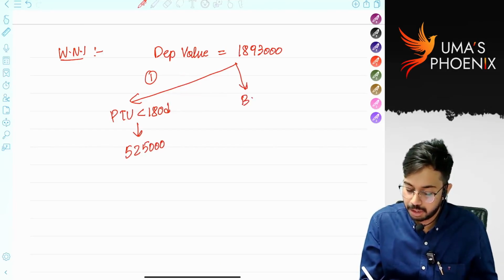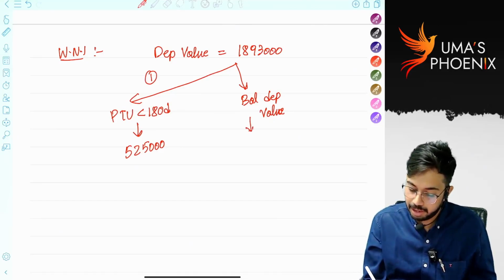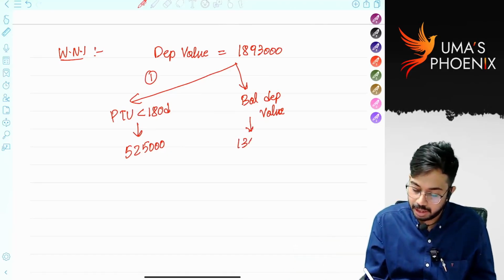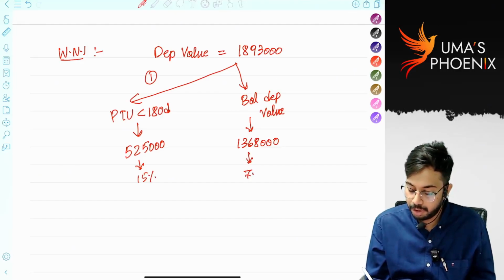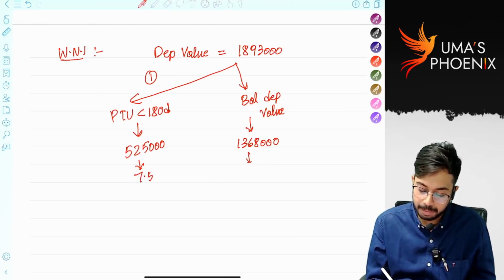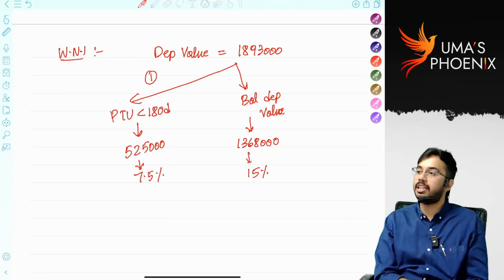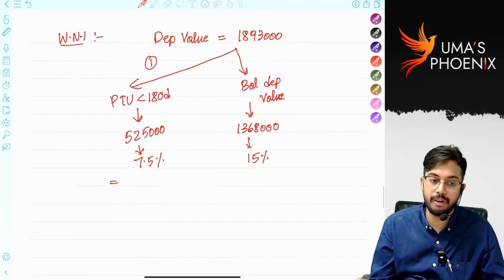Balance depreciable value. How much is balance depreciable value? 13 lakh 68,000. So we will apply 7.5% to 5 lakh 25,000 and 15% to 13 lakh 68,000. Can someone help me? 5 lakh 25,000 into 7.5%, how much?